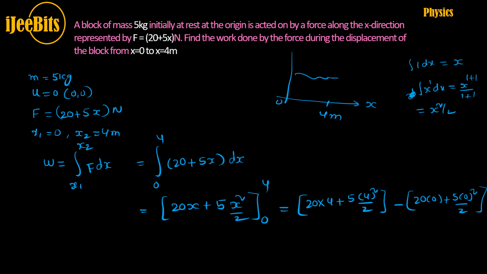This becomes 0. What is left over is 80 plus 5 into 16 divided by 2, which is 40. So it gives rise to 120. What you are calculating is work, so the unit is joules.